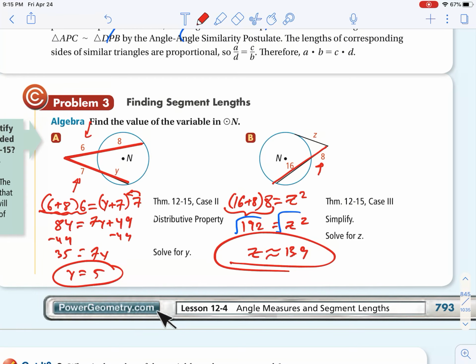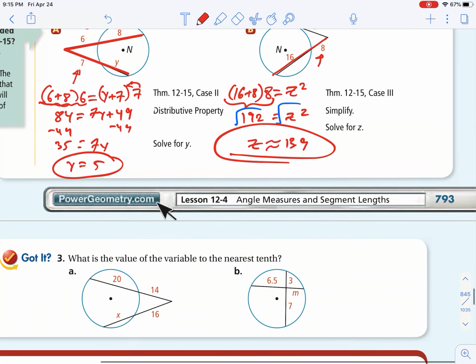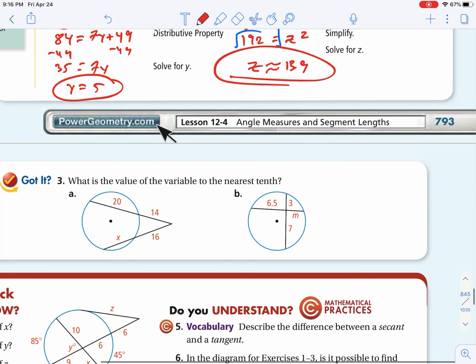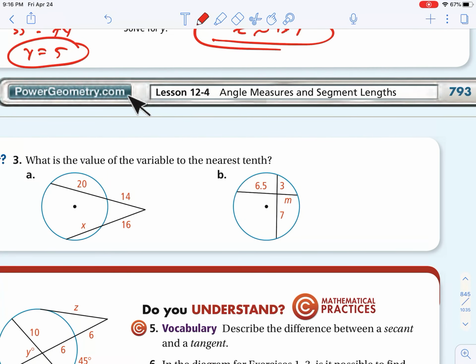All right. Shall we try one more? Sure, why not. Take a look at b. We haven't done b yet. But remember, this is on the outside. So all we are going to do is say 3 times 7 equals, oh, I'm sorry, I kind of looked at that the wrong way. 3, I think that was right. 3 times 7 equals m times 6.5.